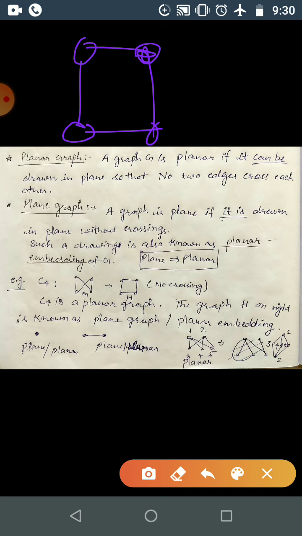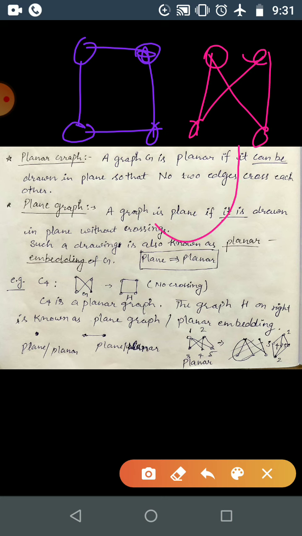So the same kind of graph you can take like this. This was C4, this is again C4. So is this planar? Yes, planar. This can be redrawn as a plane graph, correct? So is this plane? This is not plane. The first is planar as well as plane. This one is planar but not plane.